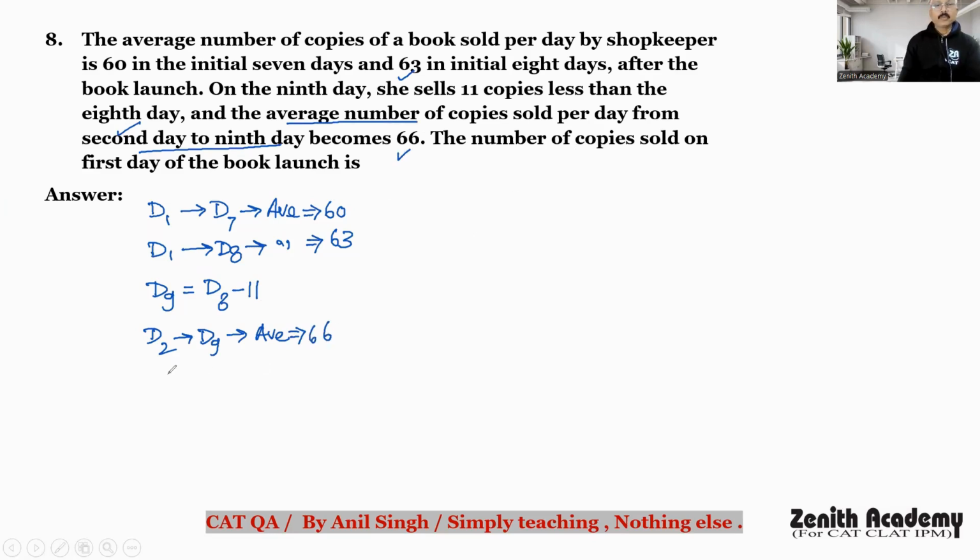Then find the number of copies sold on the first day. Means day one, the number of copies sold. This is our question. So look here. From the first day to the seventh day, the average copies sold is 60. So the total copies we can find out.